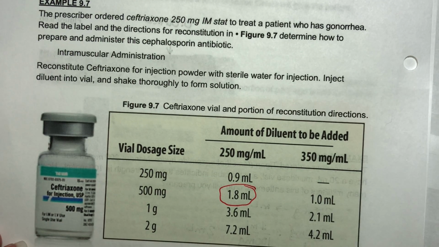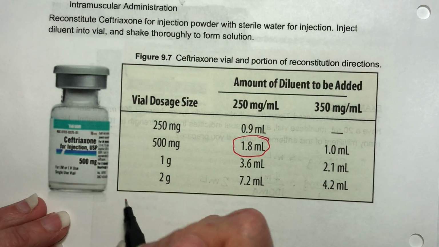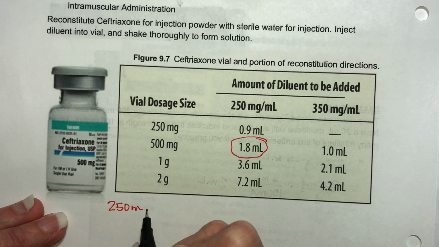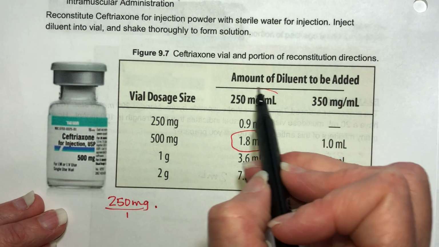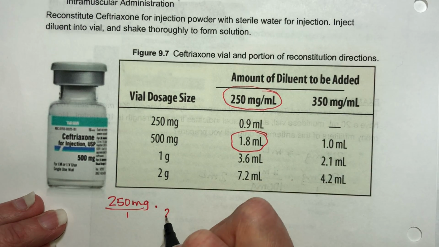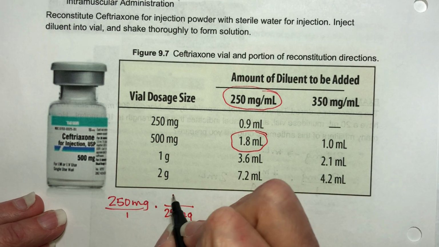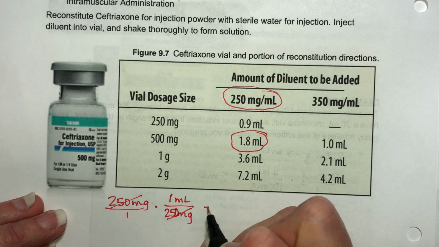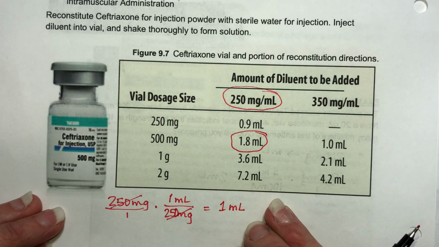So that's how we prepare the solution. Now, we have been ordered to give 250 milligrams. I'm going to put that over 1. And then here is the strength of the solution. I'm trying to get rid of milligrams, 250 milligrams over 1 milliliter. All of this cancels out, so you would withdraw 1 milliliter of this solution to give to the patient.